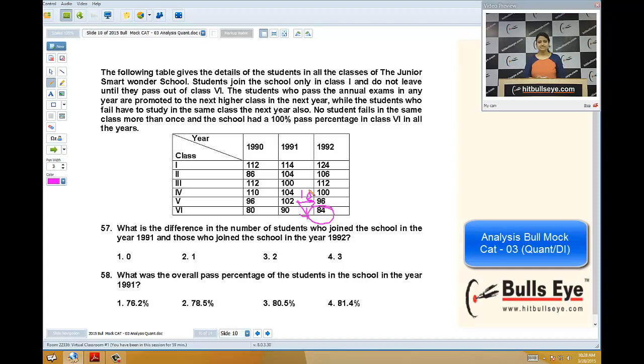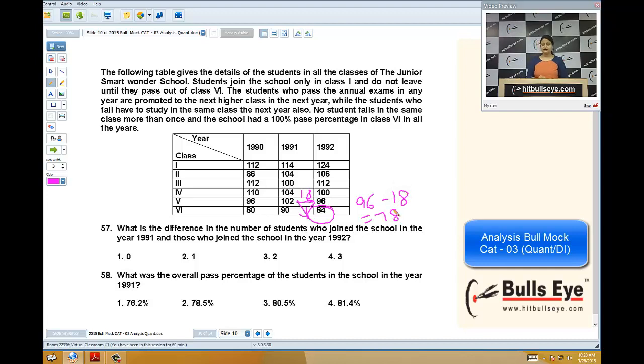But in class 5th, there were 96 students in 1992. And 18 students are the same students who were present in class 5th in 1991, in the last year. So, how many new students? 96 minus 18, what is 96 minus 18? 78.